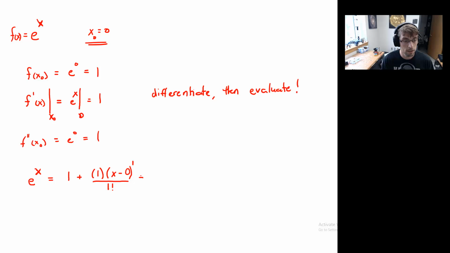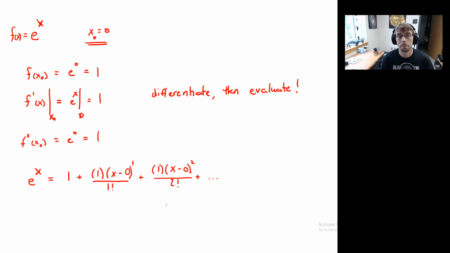And I keep going. Well, the second derivative is also 1 times x minus 0 squared over 2 factorial. And I keep going, dot, dot, dot. Well, we could get rid of all these zeros. And usually when you do a Taylor series expansion, I would say most of the time, you end up seeing a pattern.